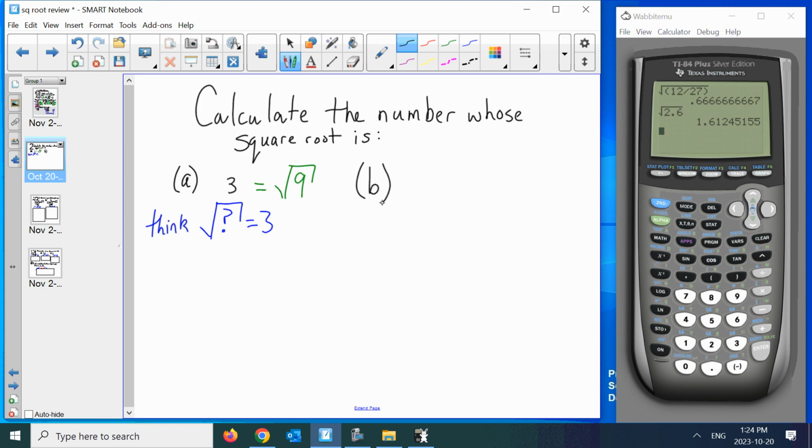How about the number whose square root is, give me a single digit that's not 0. 7? 2.7. How would I find that out then? Square, right? You need a calculator, so I'm going to go 2.7 times 2.7, or I can hit the square. 7.29.